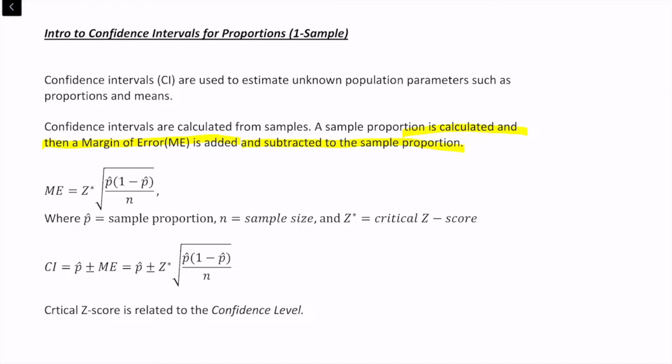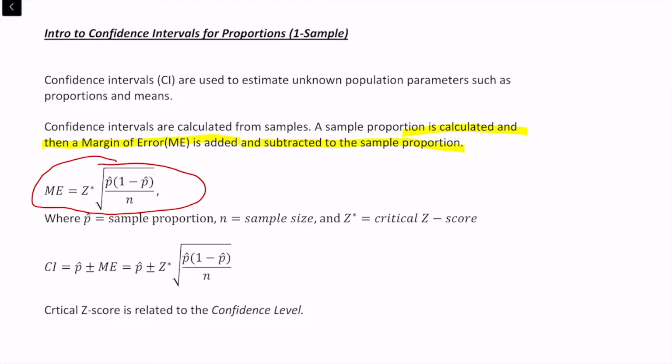Okay, so how do we calculate the margin of error? Well, here is the formula for the margin of error. We use ME to represent margin of error. So margin of error is, we have a new symbol here, Z star. We'll explain that in a second. That's called the critical Z-score. So you take that critical Z-score, Z star, and you multiply it by the square root of p hat times 1 minus p hat over n.